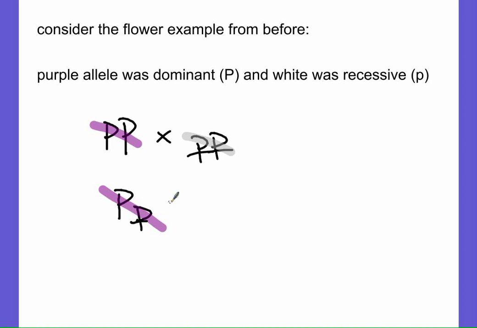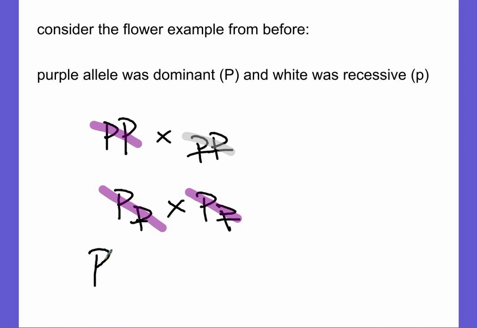But once I cross those flowers, or let them self-pollinate, which is another way of just letting them cross, then that white trait can show up again. Because both parents, in this case, have a recessive allele to give. If they both did give that recessive allele, you could have that white trait showing up again. In that third generation, though, we would have had all different possibilities.